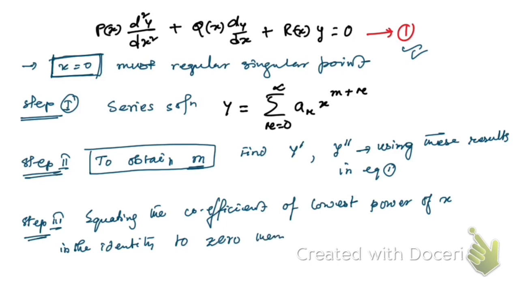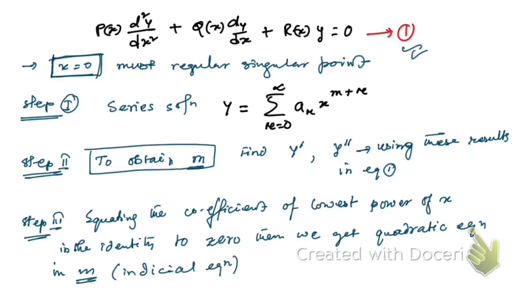Then we're going to have a quadratic equation in m, okay, in m, and we're going to solve this equation, and this is called the initial equation, and solving this we're going to obtain m, okay.